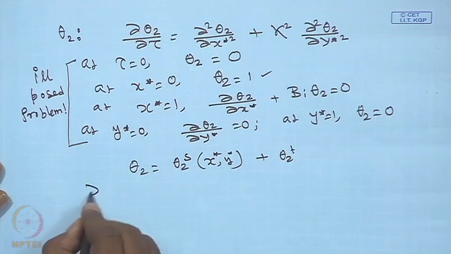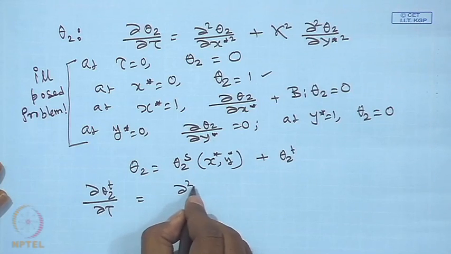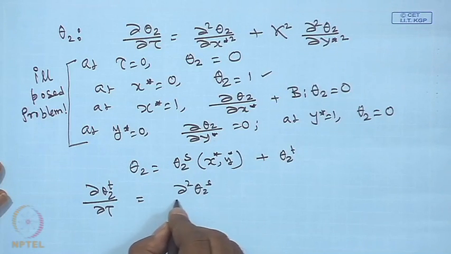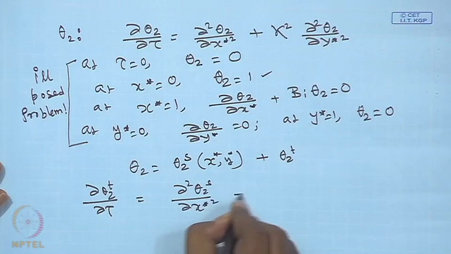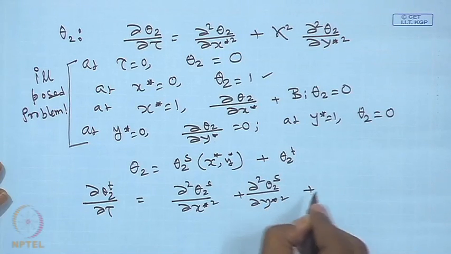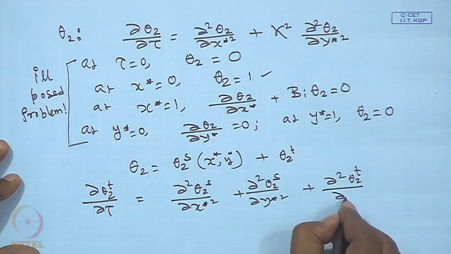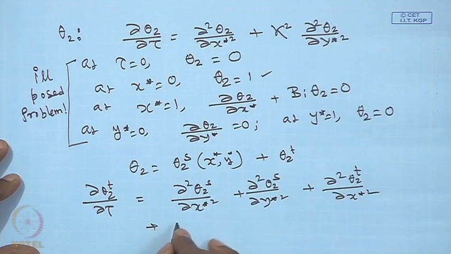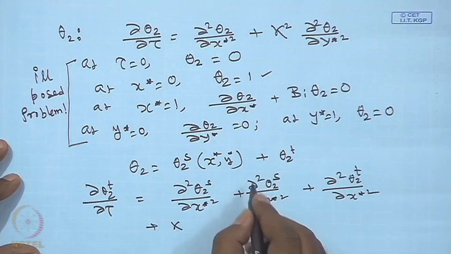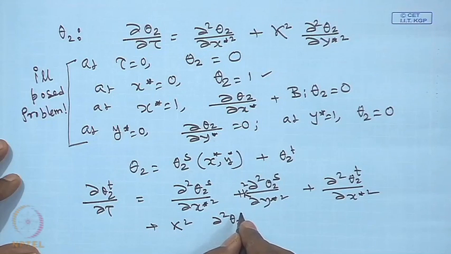So, this becomes del theta 2 t del tau is equal to del square theta 2 s del x star square plus del square theta 2 s del y star square plus del square theta 2 t del x star square plus kappa square del square theta 2 t del y star square.